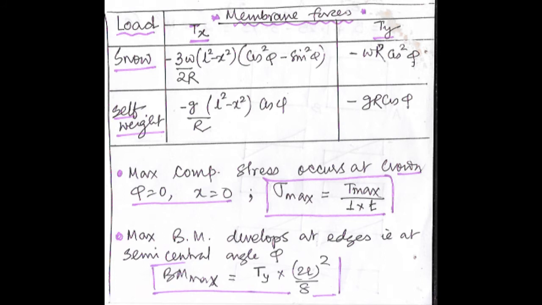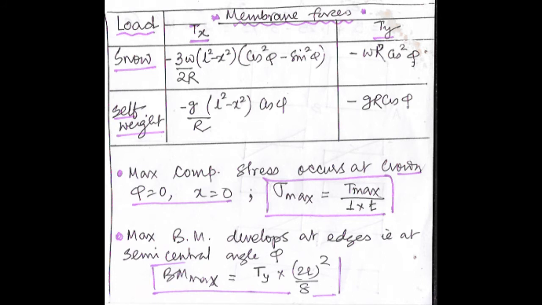So you put the value of x equal to 0 and phi equal to 0. Find out the value of Tx and Ty by putting these two values, and out of that whichever is the maximum, that will be the value of T max. So sigma maximum stress is sigma max equal to T max divided by 1 into t. What is t? t is the thickness of the shell. What is 1? 1 means per unit meter length of the shell.